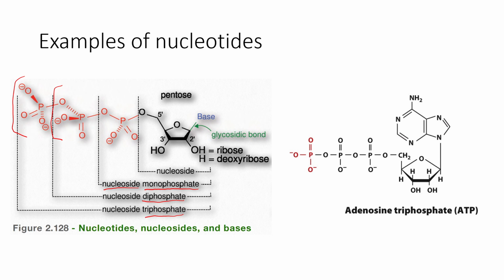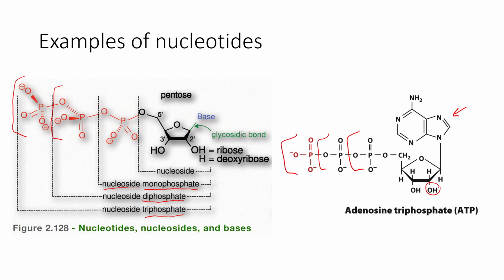An example given on the right side of this slide is a nucleoside triphosphate. And this one has adenine as the nitrogenous base. Our sugar is ribose because our 2' carbon has a hydroxyl group attached. And you have three different phosphate groups here.